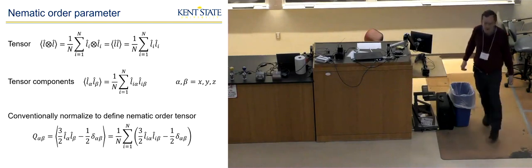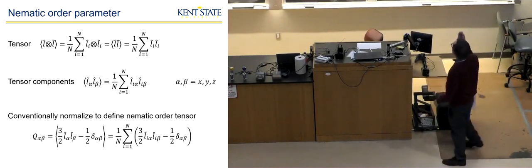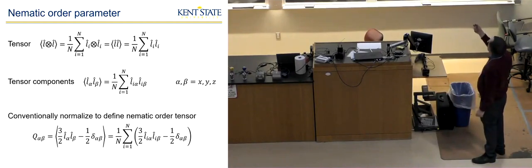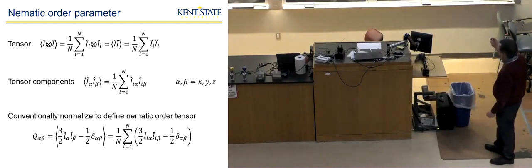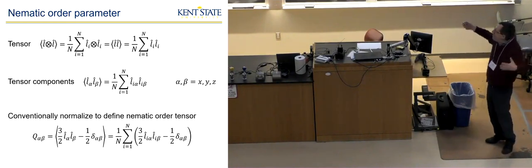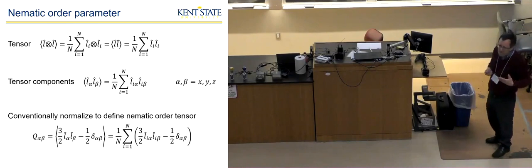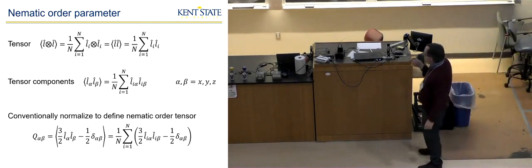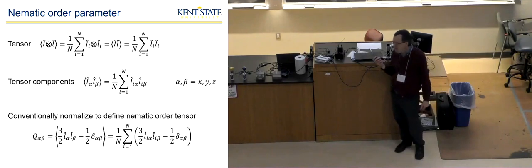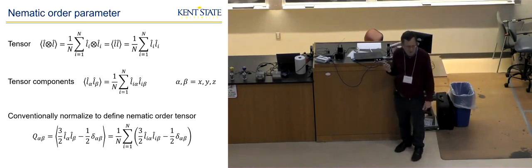Okay, so what you want to do is to make the tensor product of the orientation with itself for each individual molecule and average those things. So you get an average tensor, okay? Then you want to know, is the average tensor going to be the same or different from what it is in the isotropic phase?